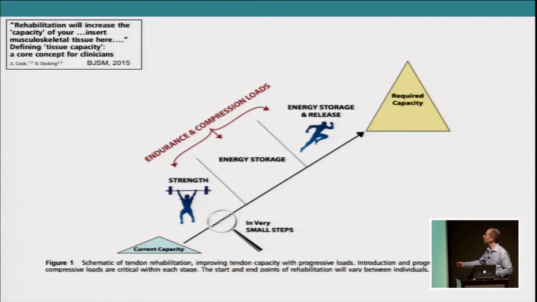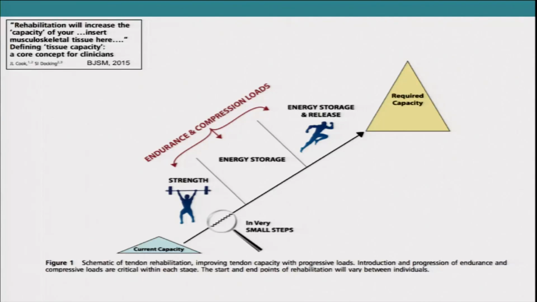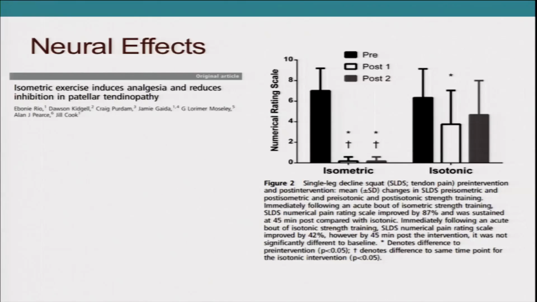And so we move very clearly, we know what is the required capacity. Tissue capacity is important, and we need a stepwise progression for that, but it's more than just tissue capacity. It's movement capability and the pain modulation that we need to consider. And we know that even by choosing the right type of loading, we can change and affect pain and function.